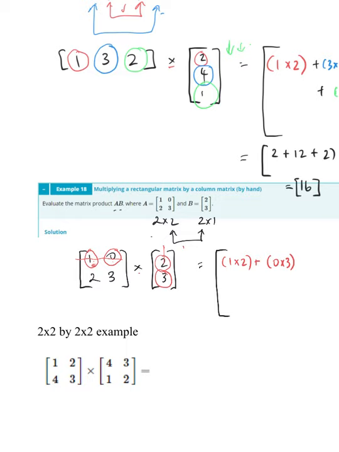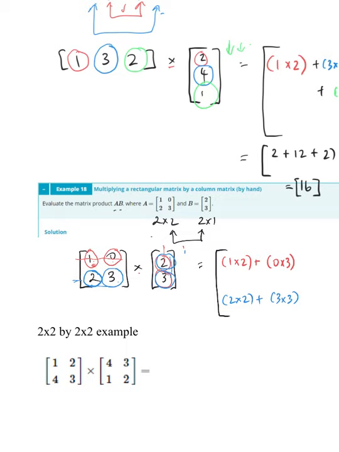All right, so I'm going to do the same process. So this time I've got 2 times 2. I'm not finished this row, so I know I'm still adding to that element. And then I've got 3 times 3. I've run out of row for that column. I would go on to the next column in the second matrix if there was one.